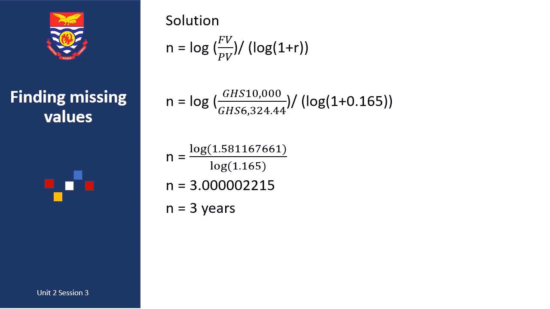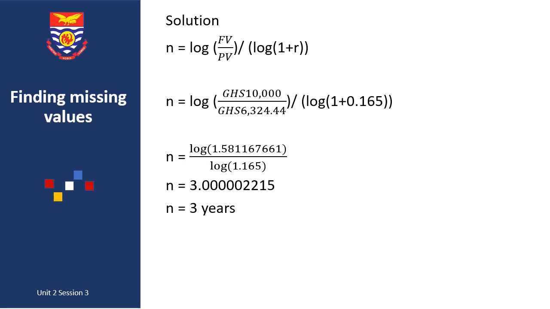Let's substitute them into the equation. It looks simple, right? 10,000 is your future value, divided by the present value, which is 6,324.44, all divided by log of 1 plus r, and r is given as 0.165 or 16.5%, which is the same thing.